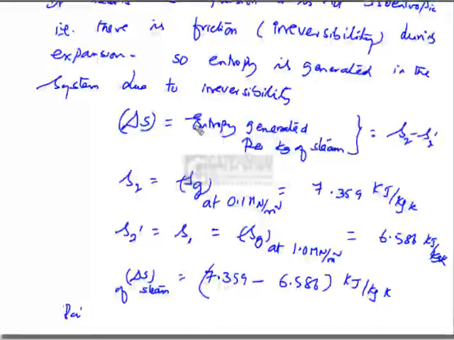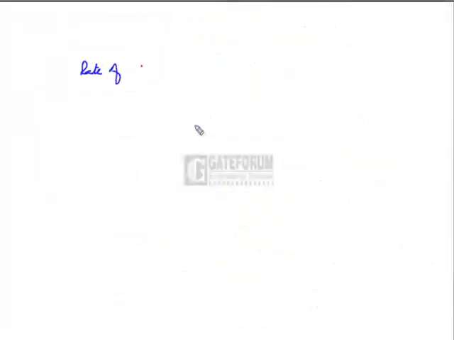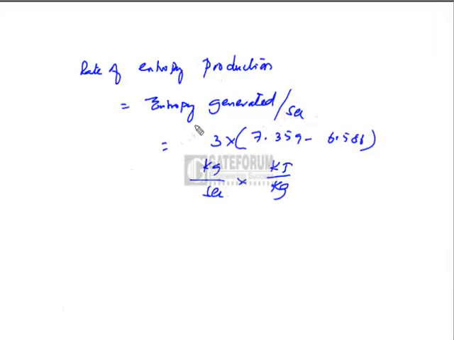Therefore, the rate of entropy production is equal to the mass flow rate of the steam into delta S. The rate of entropy production, that is entropy generated per second, is equal to 3 into (7.359 minus 6.586), where 3 is the mass flow rate of steam in kg per second and delta S is in kilojoules per kg Kelvin.